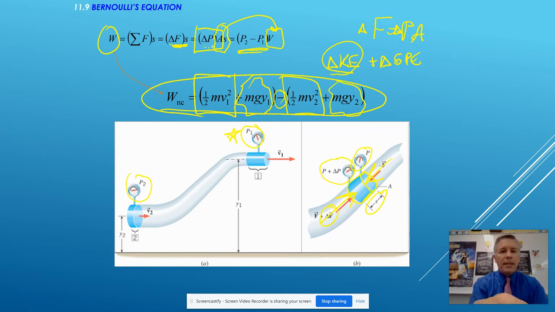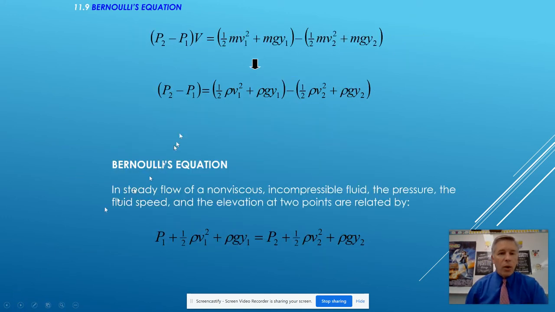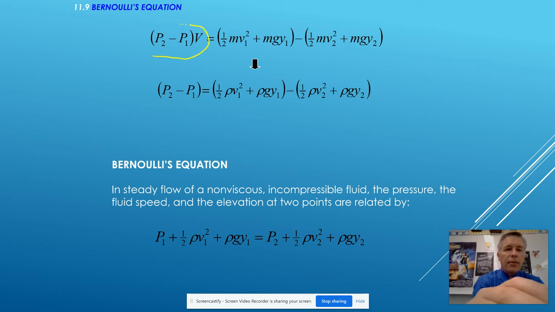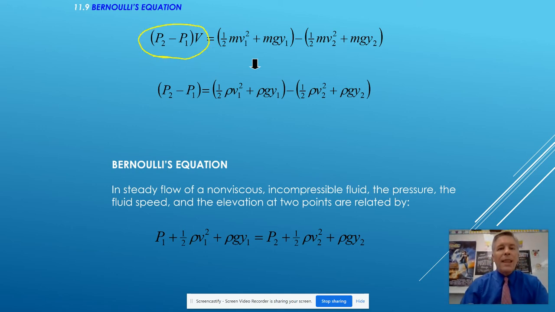Up here, my delta P is still going to be P2 minus P1 because P2 is larger. So now we're going to substitute that in: P2 minus P1 times volume. That's going to be my work being done.